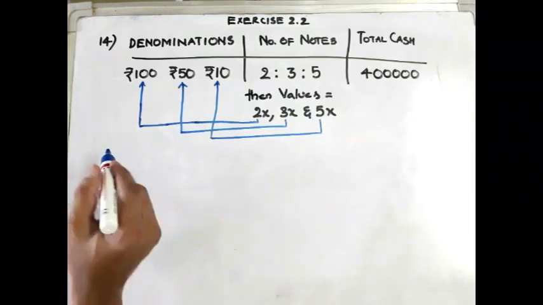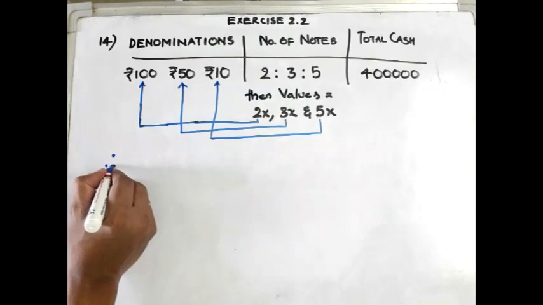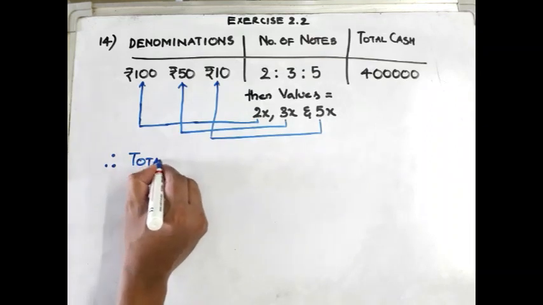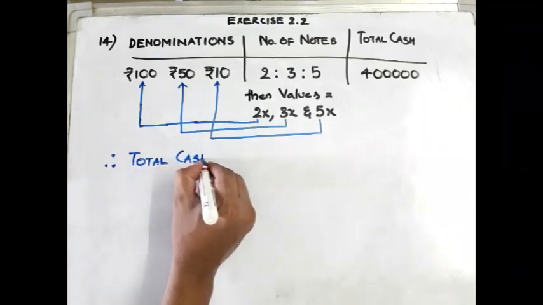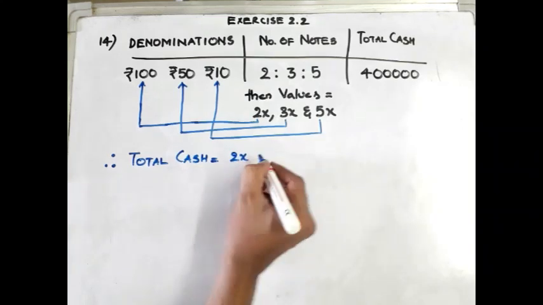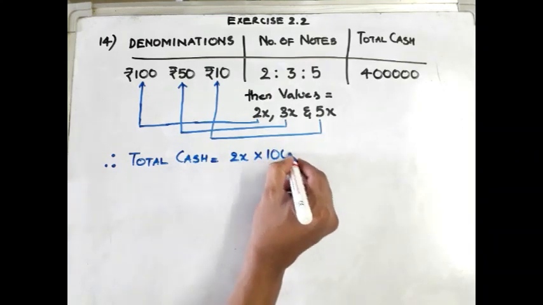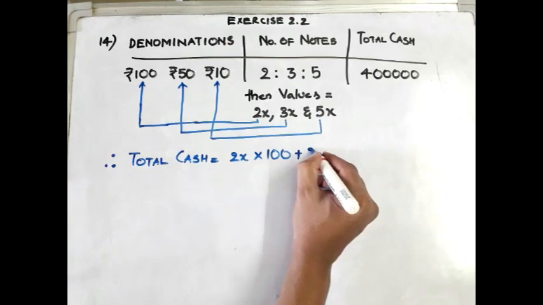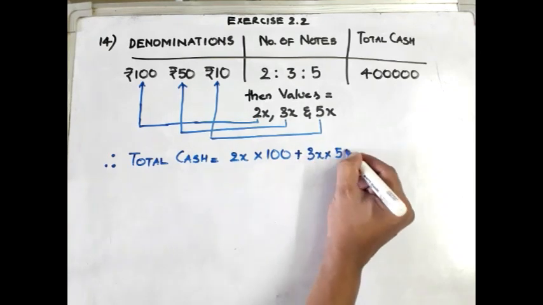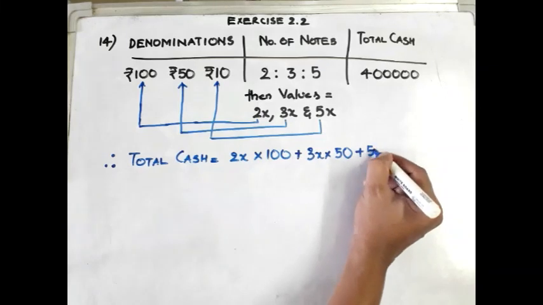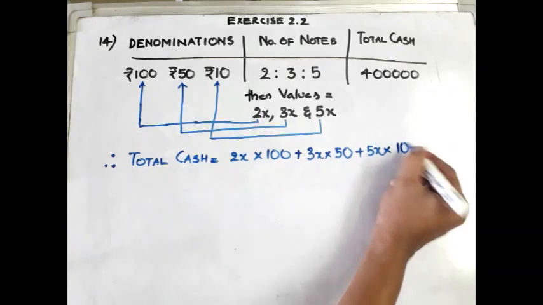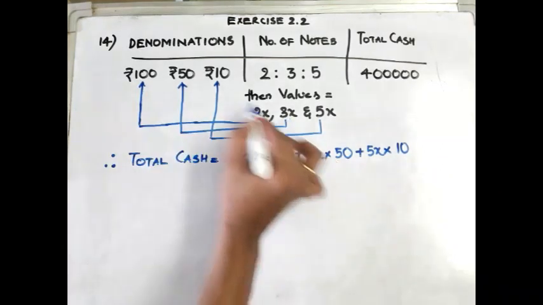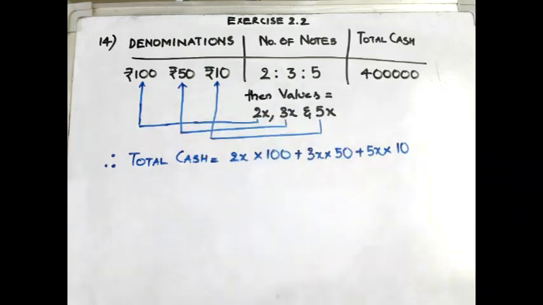Now let us move ahead. Therefore, the total cash with Lakshmi is equal to 2x into 100, that means 2x 100 rupee notes, plus 3x 50 rupee notes, plus 5x 10 rupee notes.